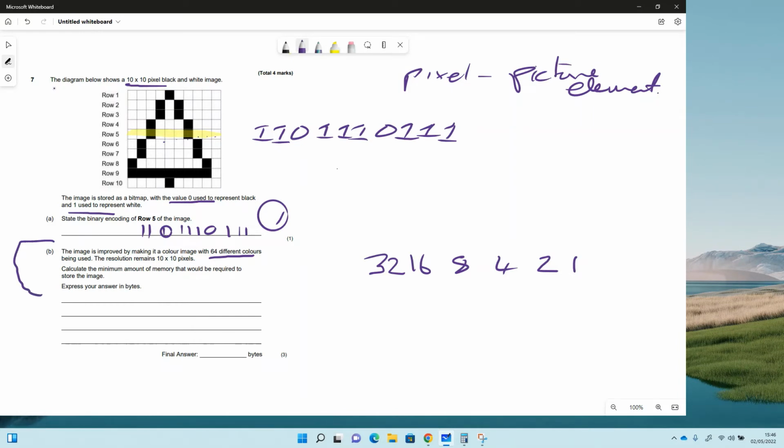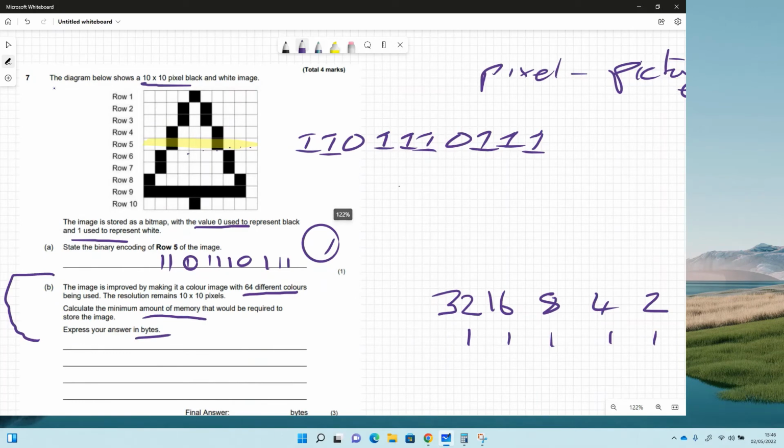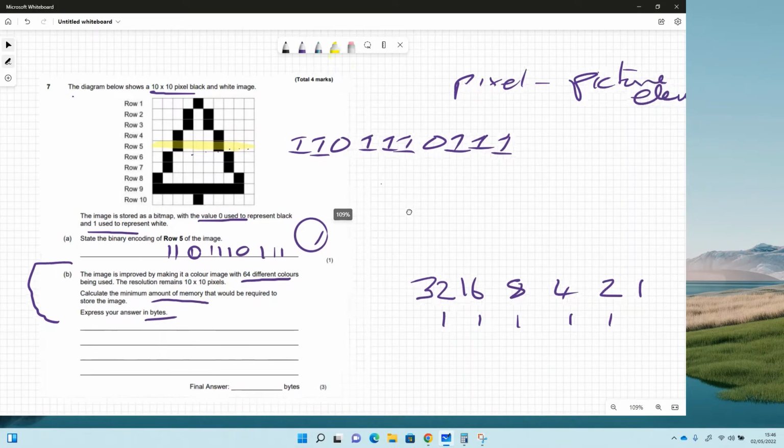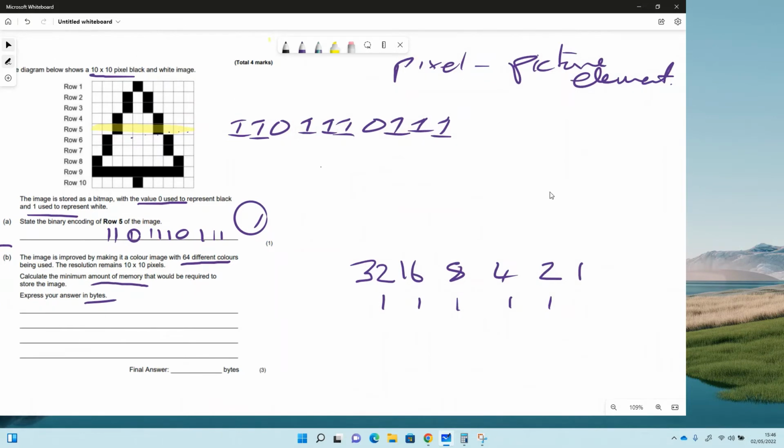Okay, so if we change the image on this one and make it an image with 64 different colors, then we need to calculate the amount of memory needed to store the image in bytes. If we've got a binary pattern like this one, then we've got 1 2 3 4 5 6 bits.